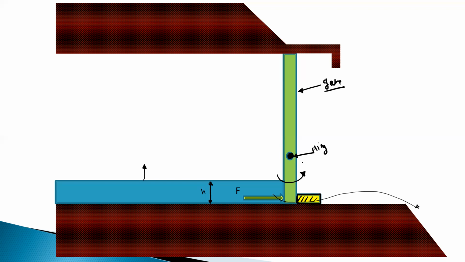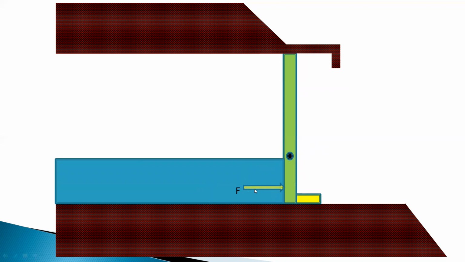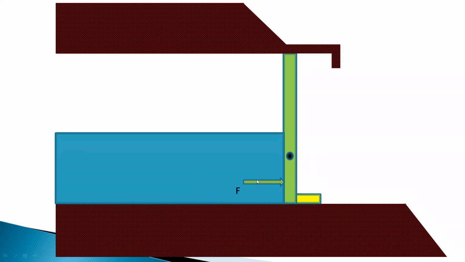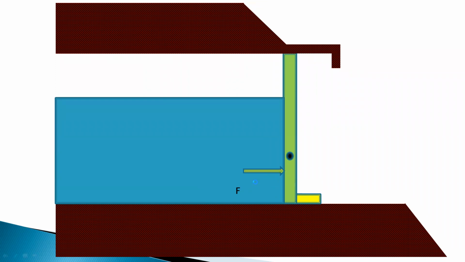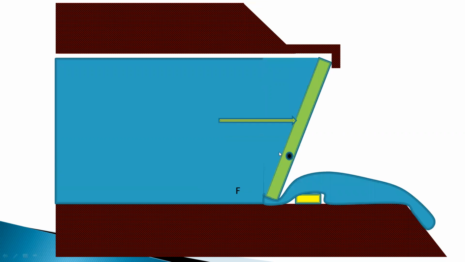The water level will start increasing like this. As the water level increases, this F force will shift in the upward direction. Once the force F shifts above the hinge point, it will create the clockwise moment. Here you can see this moment is clockwise, and only the clockwise moment can rotate the gate, and therefore it will allow the flow of water to the downstream side.